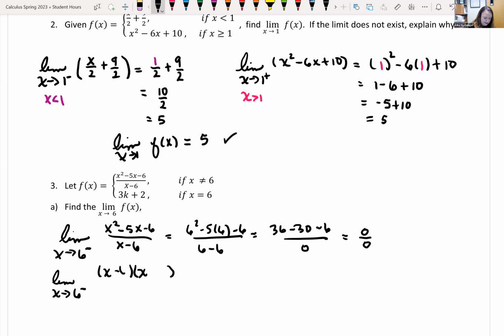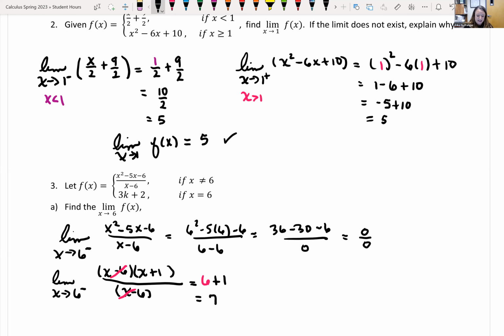That would be a -6 and a +1, all over my denominator of x minus 6. I can cancel like factors. So now I'm just plugging in 6 into the expression x plus 1. And doing so, I get 6 plus 1, which is equal to 7.